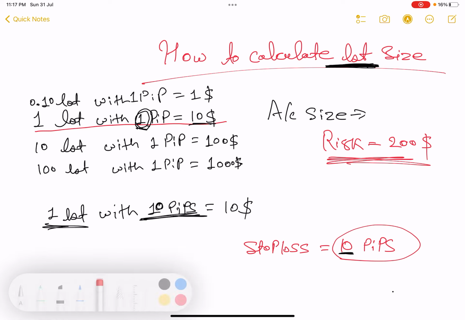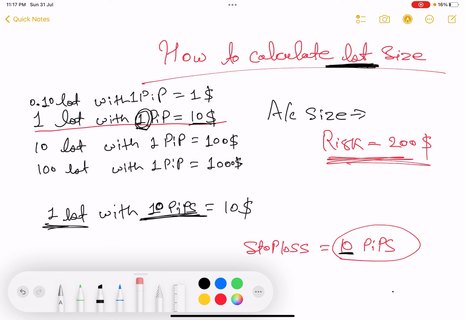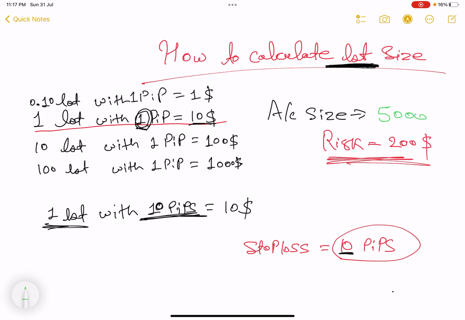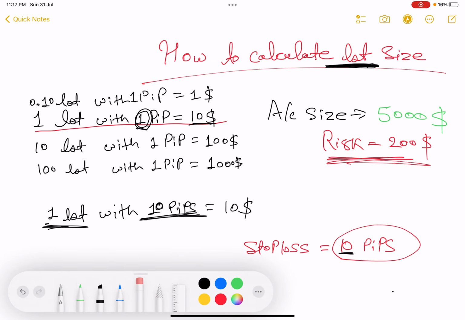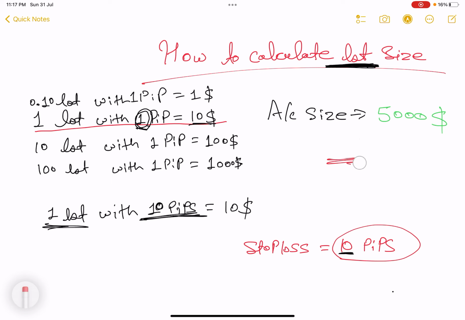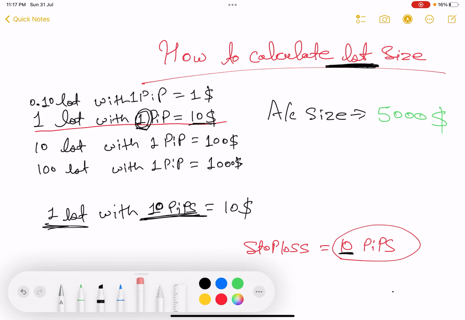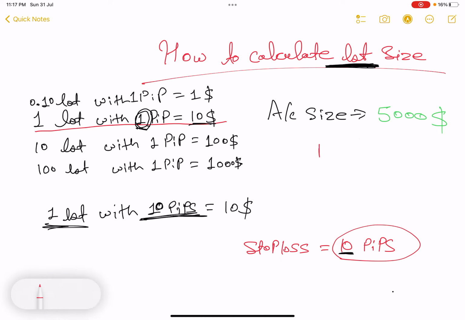Okay, so my account size here is $5,000. So according to this, I can keep a risk of 1%, right? I want to keep a risk of 1%. So my risk will be $50. Okay, my risk will be $50.